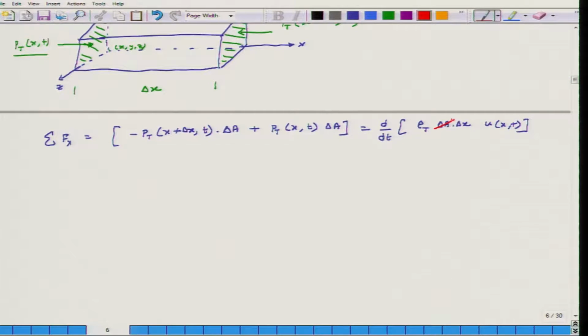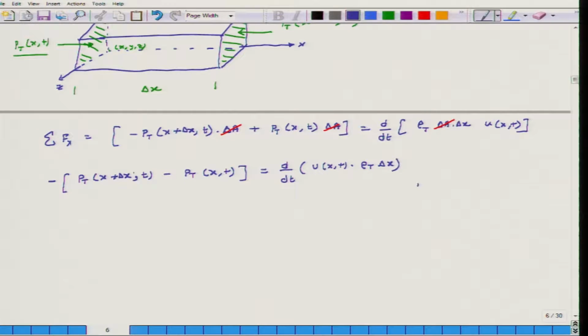So, this delta A cancels out, so what I am left with is, I will take the negative sign outside and I will write P(x plus delta x, t) minus P(x,t) equals d over dt of u(x,t) times rho(t) delta x.